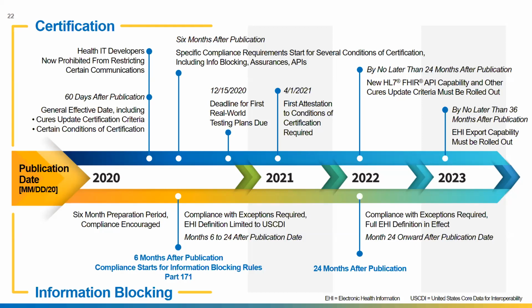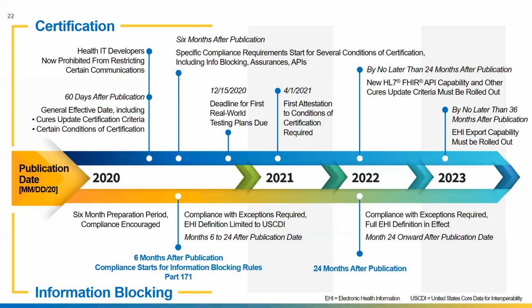I think the next really big deadline you will see as you look a little further out is at 24 months. That is where compliance with most of the other new and revised certification criteria that are within the final rule are required. There are things related, of course, to the standard for API and upgrading that.